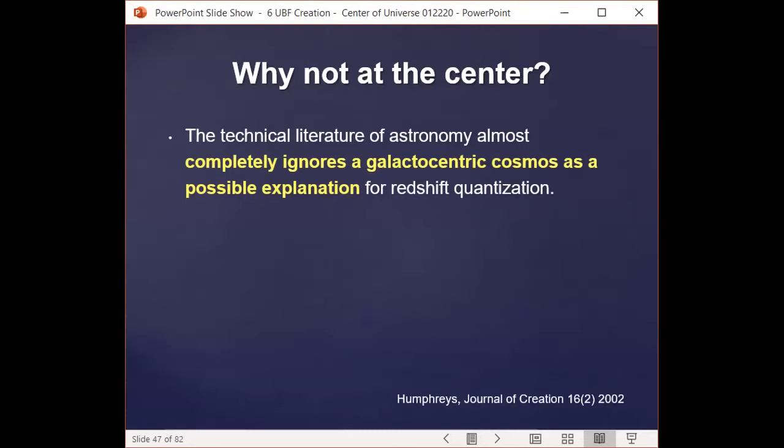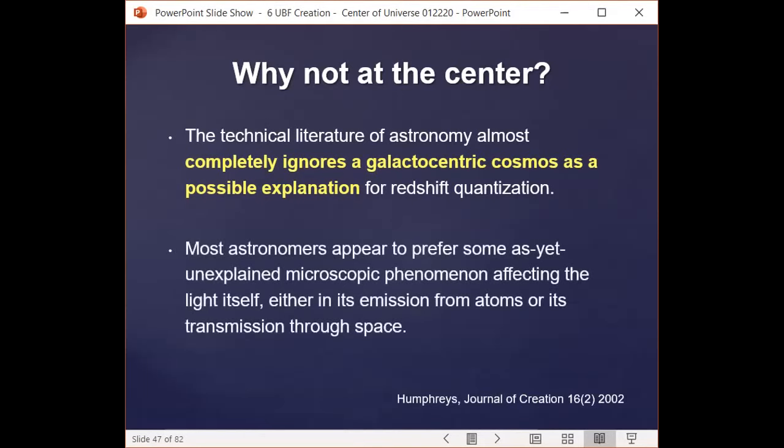Anyway, the technical literature of astronomy almost completely ignores a galactocentric cosmos as a possible explanation. Instead, most astronomers appear to prefer some as yet unexplained microscopic phenomenon. As yet unexplained means not explained, but there has to be something that affects the light itself, either in its emission from atoms or its transmission through space.